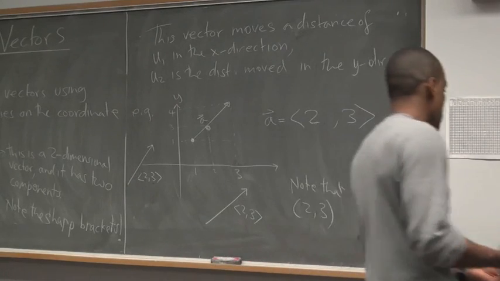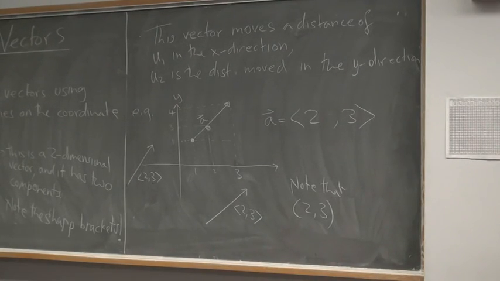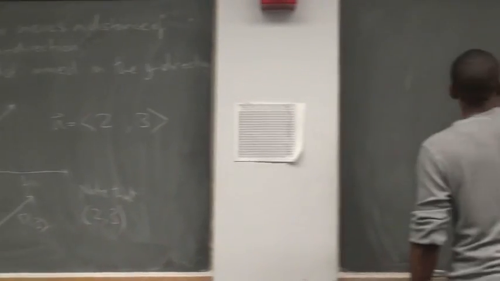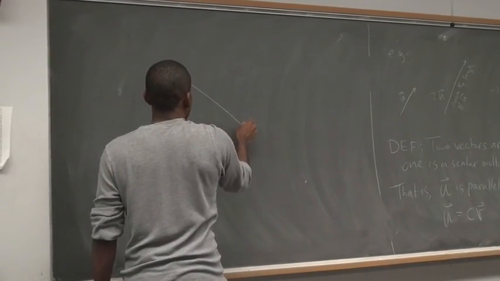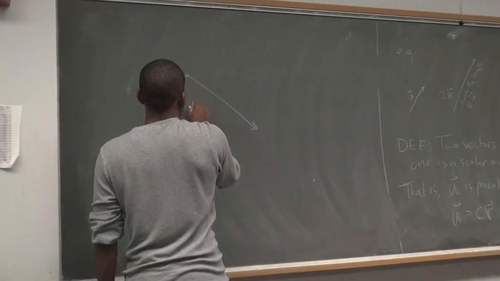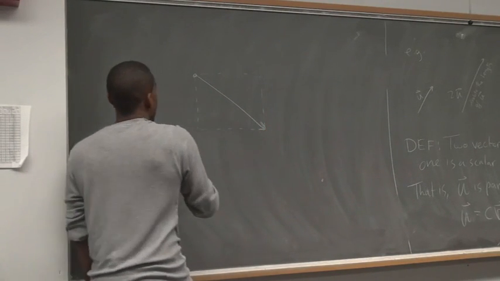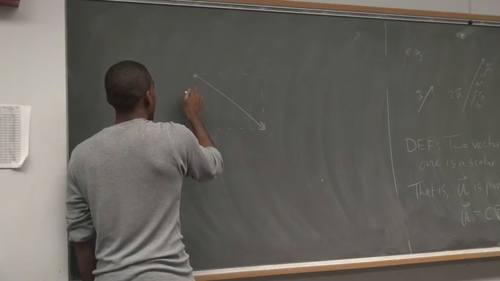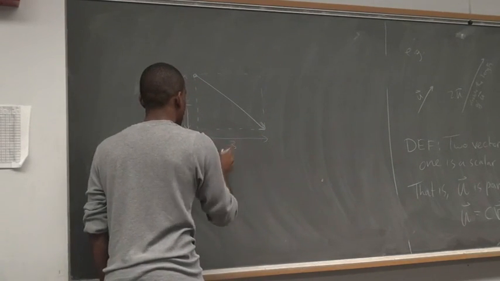You can actually reverse things. So for example, I can have a vector that looks like this, where let's say it moves 2 units this way and 3 units that way.